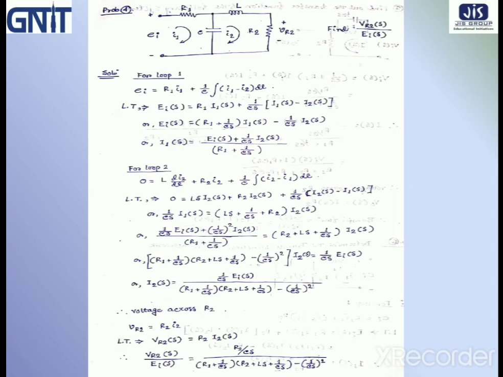First for loop 1 we apply KVL and calculate I1(s), and for loop 2 we apply KVL and calculate I2(s). In I2(s) there is a term I1(s), so just put the value of I1(s), and after simplifying we get the value of V_R2(s) by E_I(s). That is the desired transfer function.